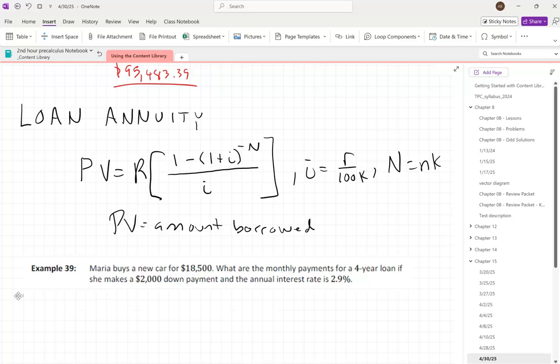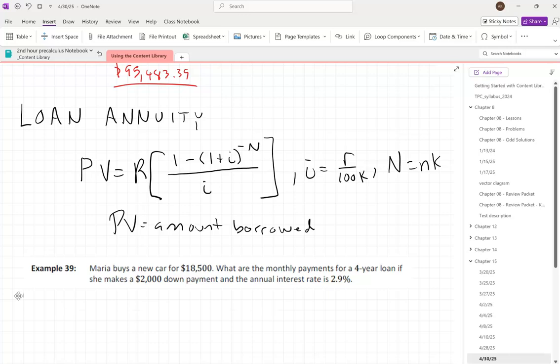Now let's look at a numeric example here. So it says Maria buys a new car for $18,500.